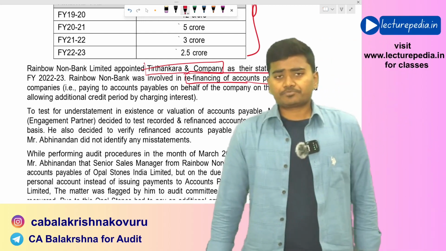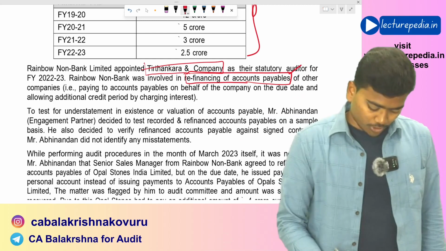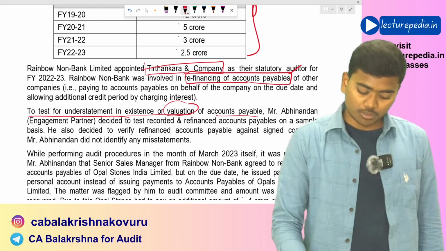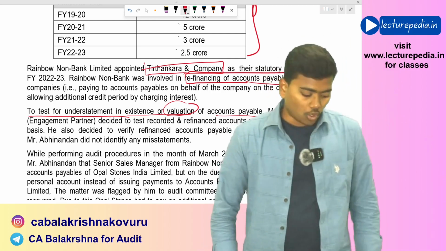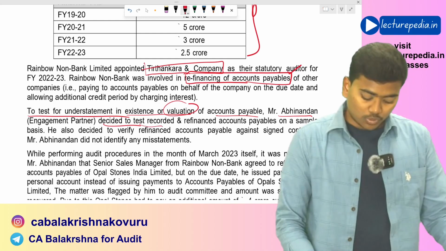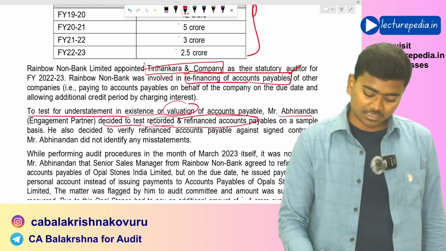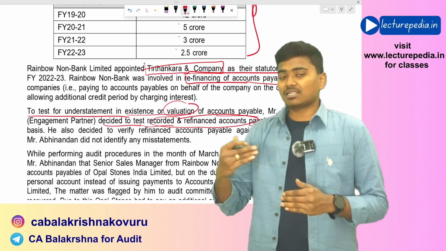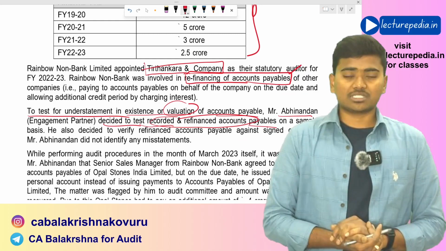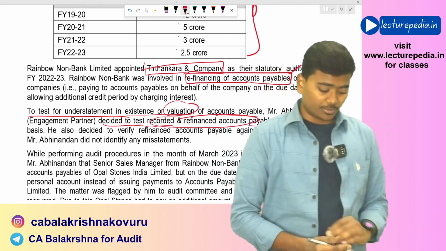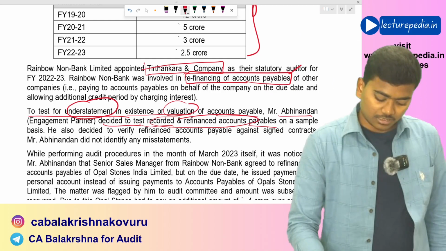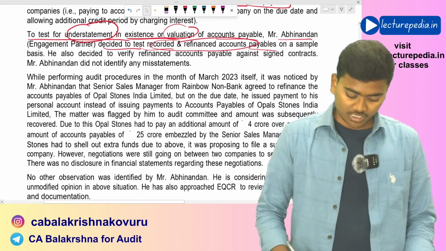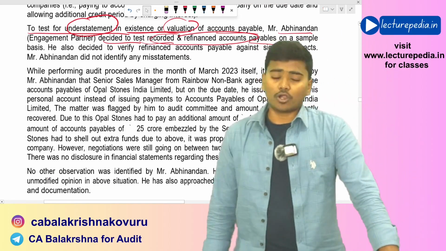In order to audit accounts payable, to test understatement in existence or valuation of accounts payable, Mr. Abhinandan, the auditor, has decided to test recorded and refinanced accounts payables that are present in the books of accounts, for the purpose of determining understatement in existence or valuation of the accounts. This is the situation.